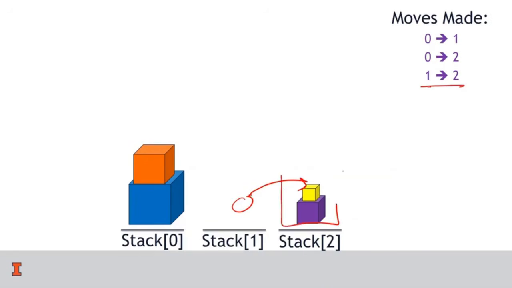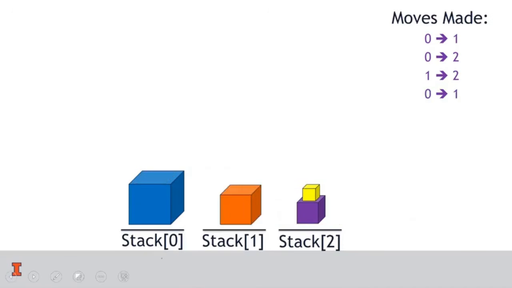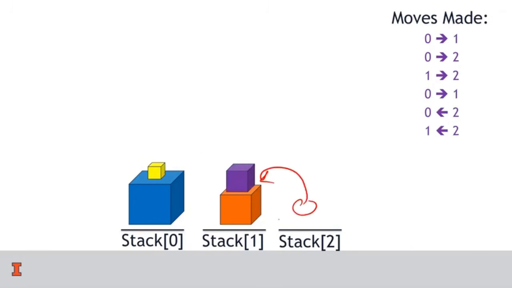After I've moved the small subset over to stack 2, I started working on the next cube, the orange cube. The orange cube could move from stack 0 to stack 1, and then we begin moving everything else on top of the orange cube. The first thing that needs to be done is the yellow cube needs to move to stack 0, then the purple cube can move to stack 1, and then the yellow cube can move on top of stack 1 from stack 0.